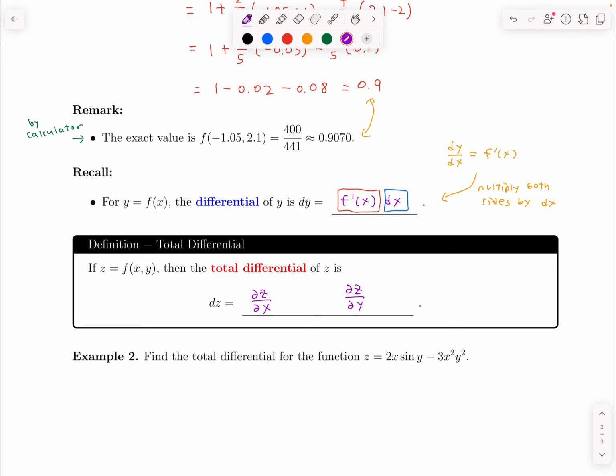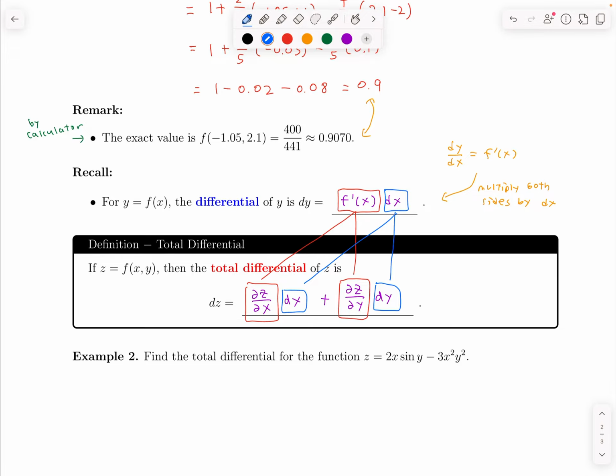And then we want to multiply by dx and dy respectively. So right here you can see the correspondence, the derivatives, more specifically the partial derivatives, and then dx, dy right here. Just like our tangent line versus tangent plane, our differential versus total differential, you can see that this is a very simple extension.